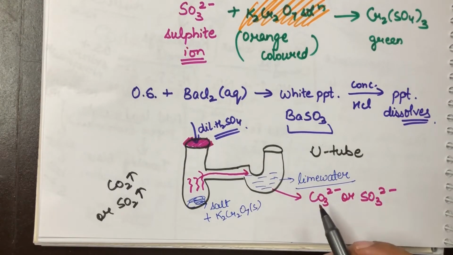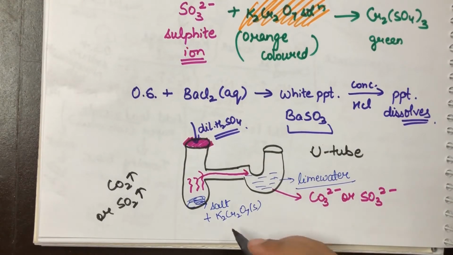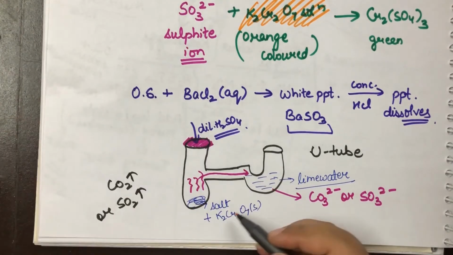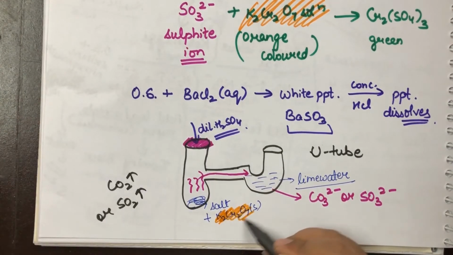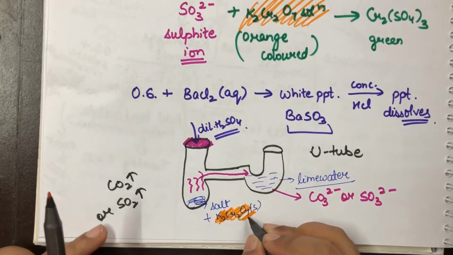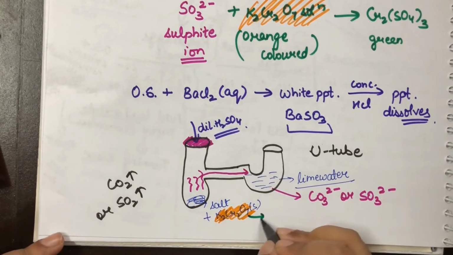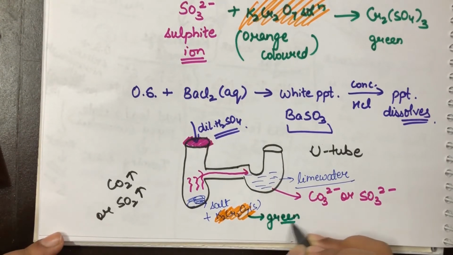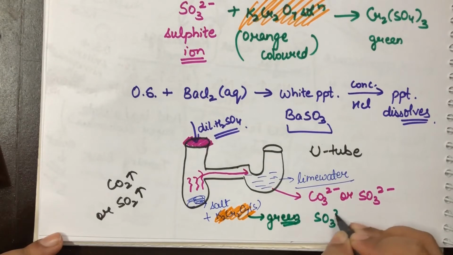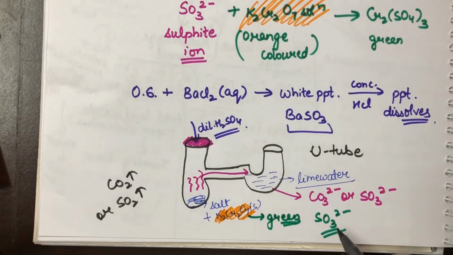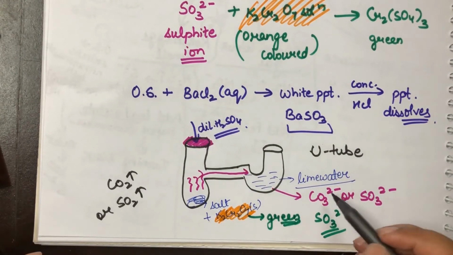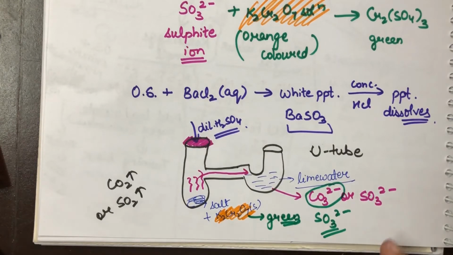So if your potassium dichromate, which was what color? This potassium dichromate was orange in color, right? If it turns green, then we say it is sulfite. And if it doesn't turn green, it remains as it is, then we say it is carbonate. So this can be used as a distinguishing test between the carbonate and the sulfite ion.